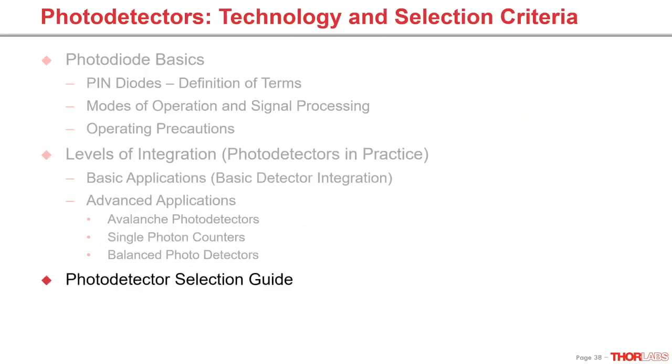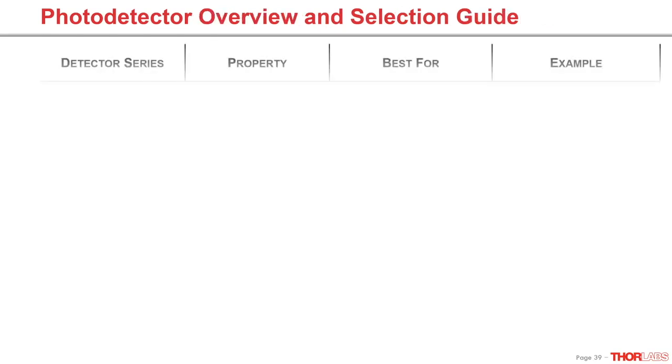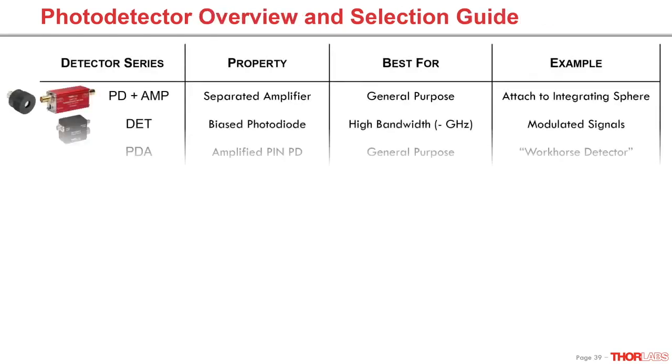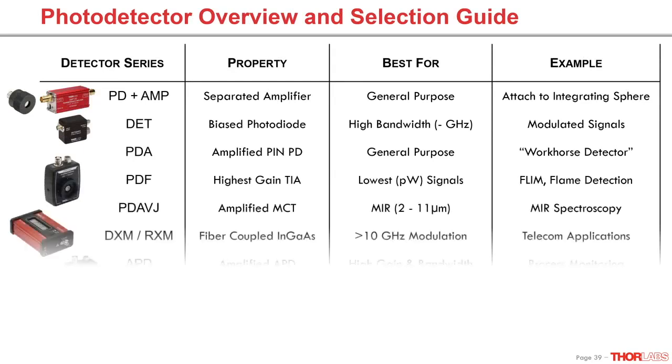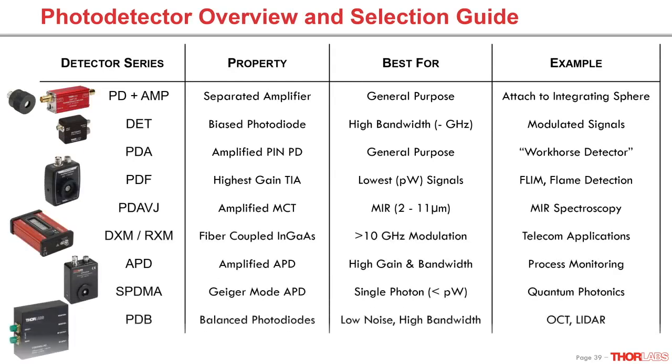Finally, I want to give you an overview of the various photodetector series on the Thorlabs website. It starts with separate photodiodes and amplifiers that can be used in a variety of applications.